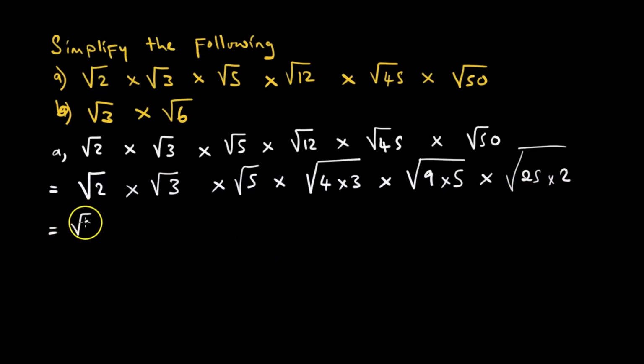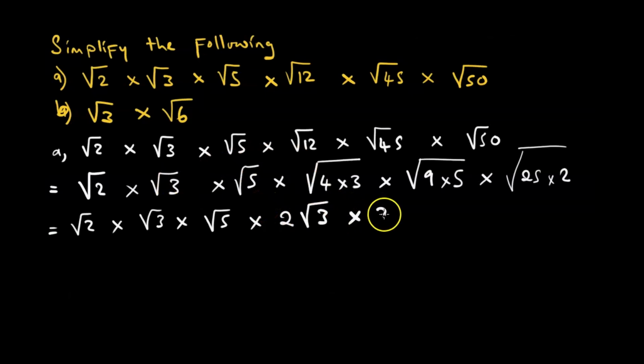So this will be equal to the square root of 2 multiplying the square root of 3 multiplying the square root of 5 multiplying 2 root 3 times 3 root 5 times 5 root 2.